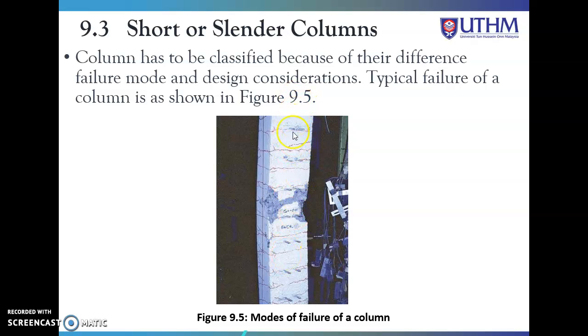So kita ada load dekat atas, dia akan compress kan. So kat sini akan ada failure. So that's why we need to design the required reinforcement untuk overcome the failure.